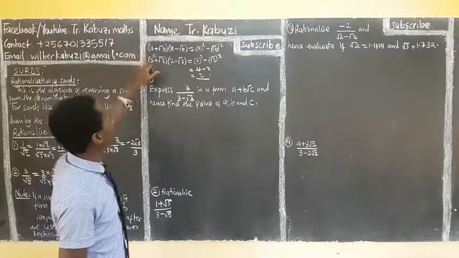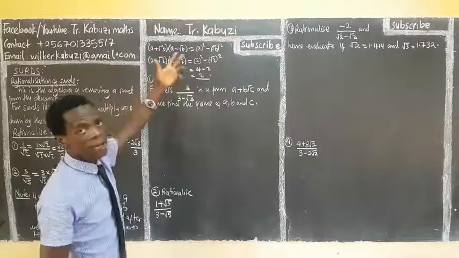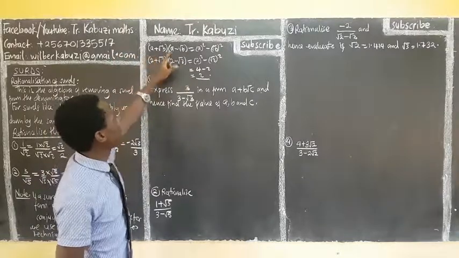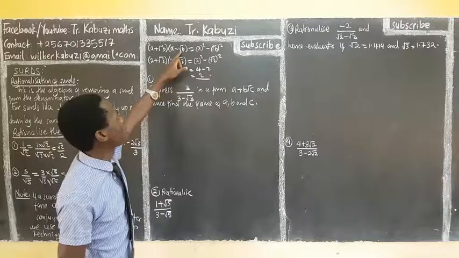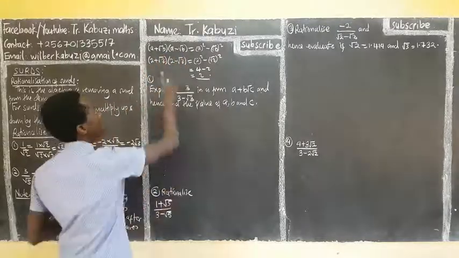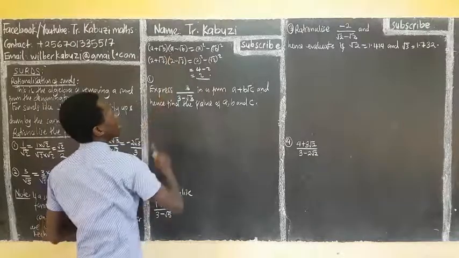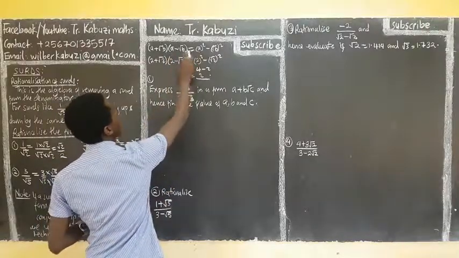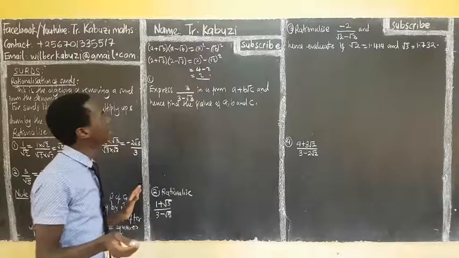Now what happens? We see that this one is going to be a difference of squares. If the terms are the same but the difference is in the signs, that calls for a difference of squares. What do we do? We get a bracket with a minus, we square the first term, maintain the minus, and also square the last term. As simple as that.